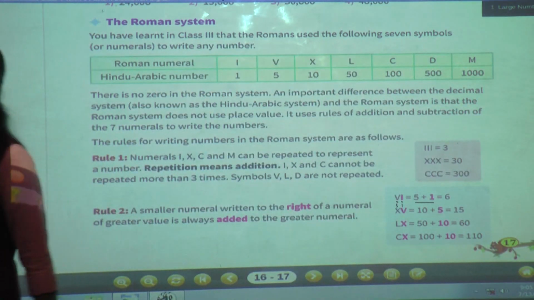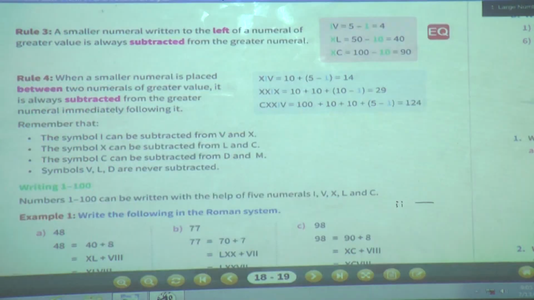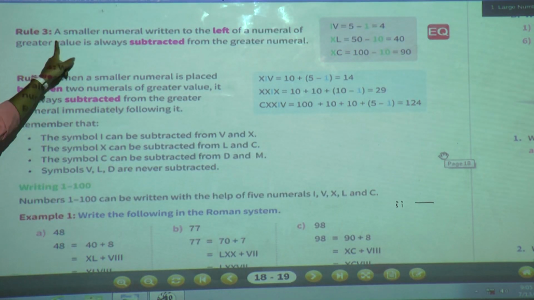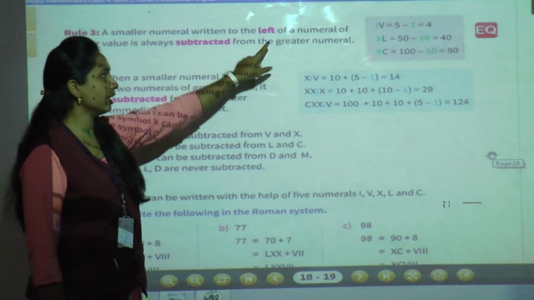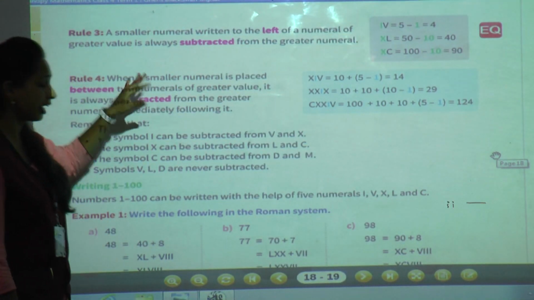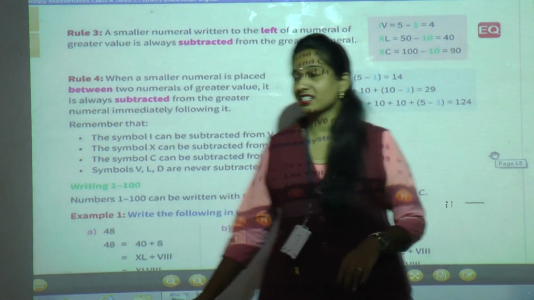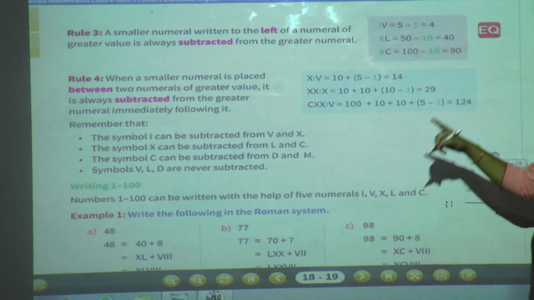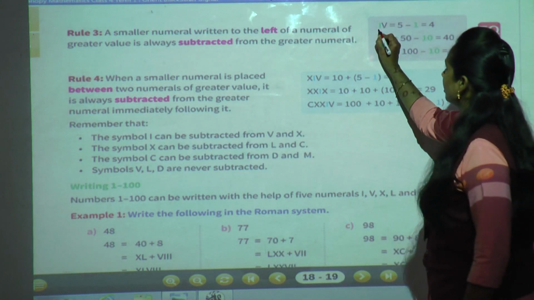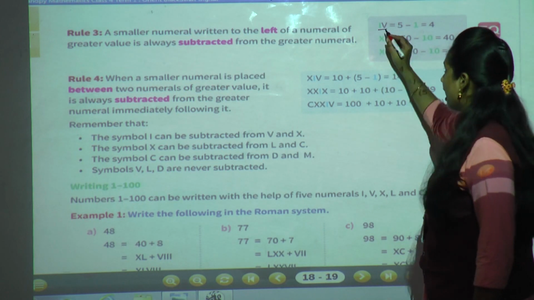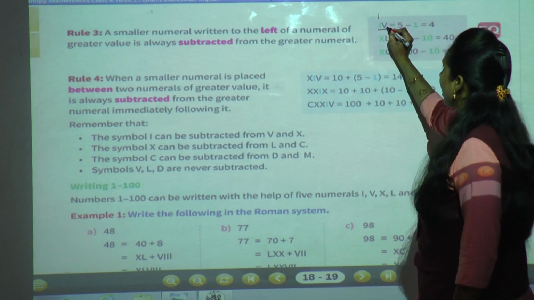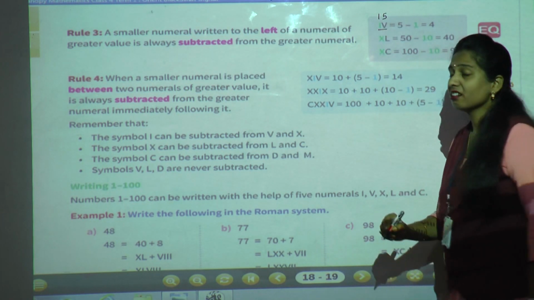Now we will see the third rule. What is the third rule? A smaller numeral written to the left of the numeral of greater value is always subtracted from the greater numeral. For example, see this, I and V. I represents 1 and V represents 5.